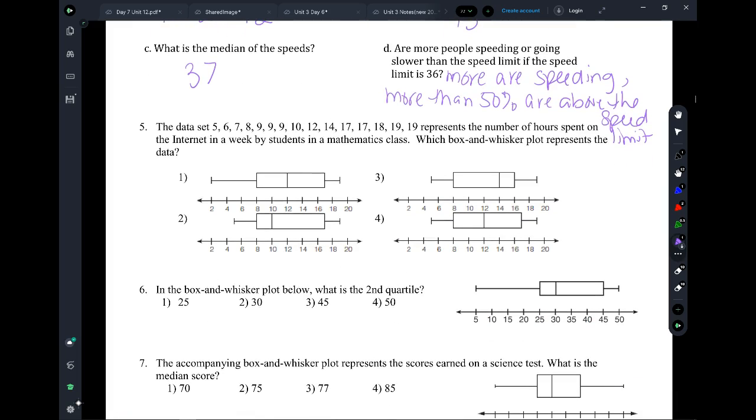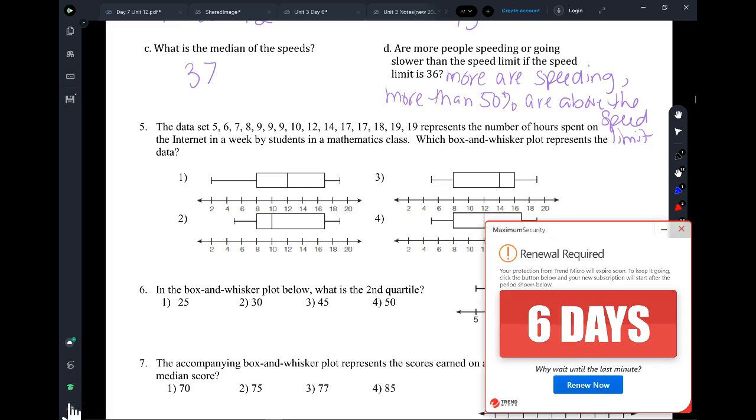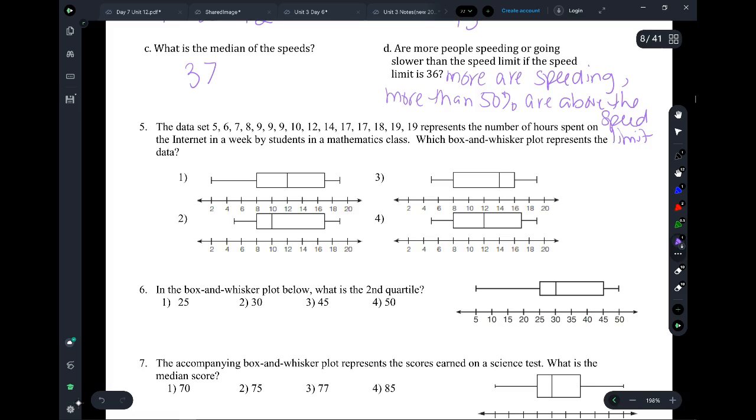Number 5, the data given represents the number of hours spent on the internet in a week by students in a math class. Which box and whisker plot represents the data? Okay. We are looking for one that has a minimum of 5 and a maximum of 19. Let's see if we can narrow down some results in that way.